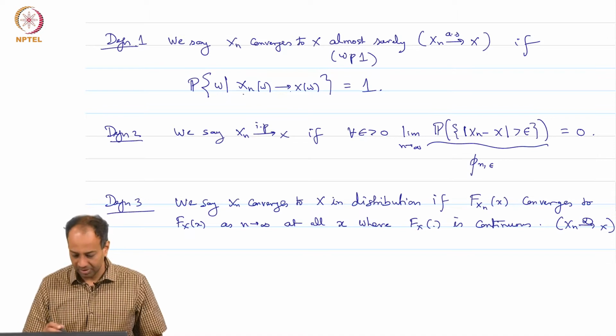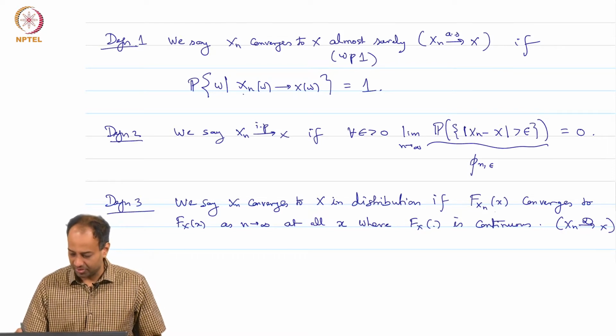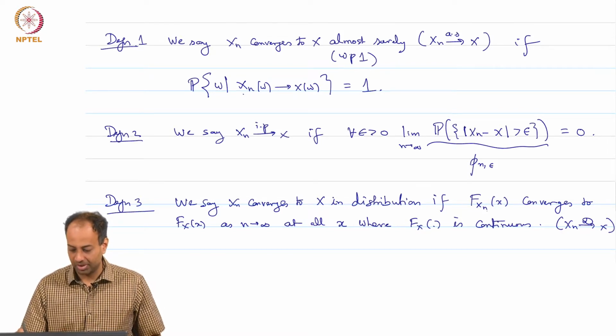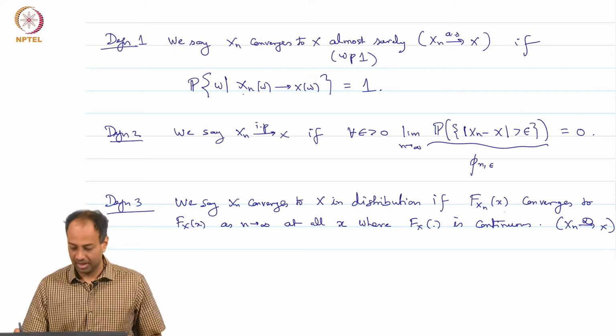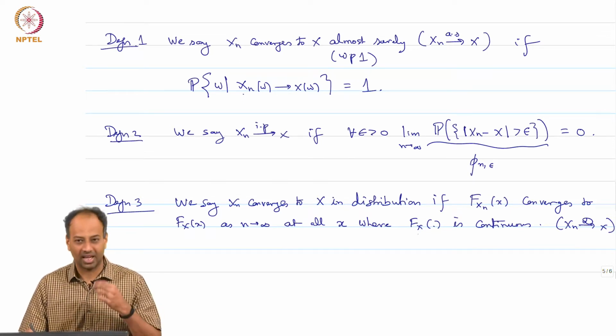And finally, definition 3 talks about convergence in distribution. You look at the CDF of the nth random variable, F Xn, and you send n to infinity and see if this converges to F X, where X is the proposed limit.